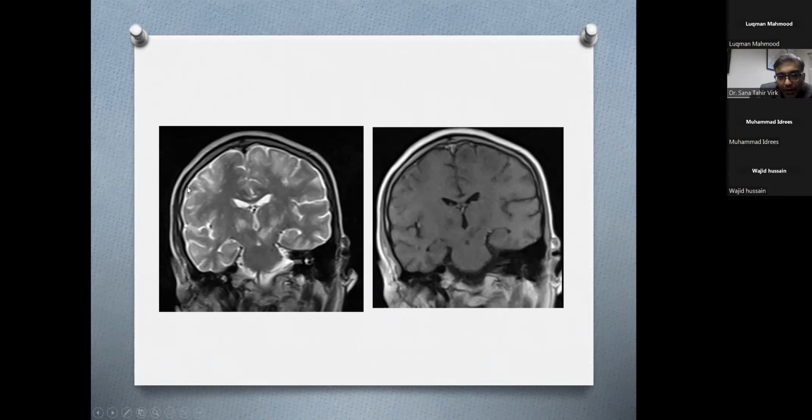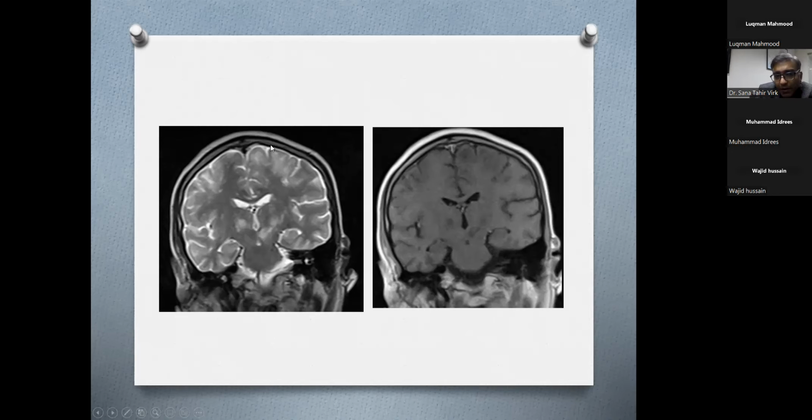All this gray matter at the periphery is spared, whereas the white matter just below it, the deep white matter, which we also call the subcortical U fibers, is involved and has abnormal signal, which appears hyperintense on T2.